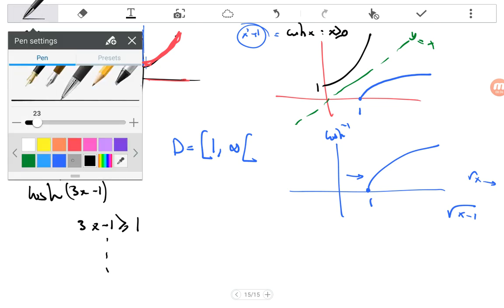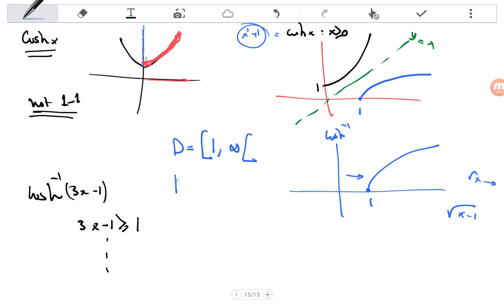What about the range of cosine inverse? It is from 0 to infinity. Cosine inverse is positive, or just 0.